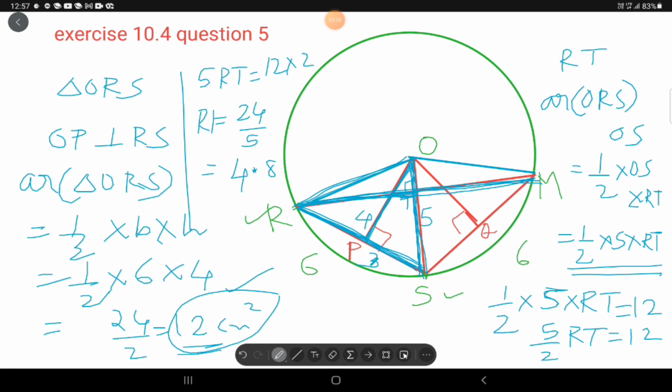RT is equal to 4.8 centimeter. Now its double is RM. So RM is equal to 4.8 into 2, that is 9.6 centimeter. So the distance between Reshma and Mandeep is equal to 9.6 centimeter.